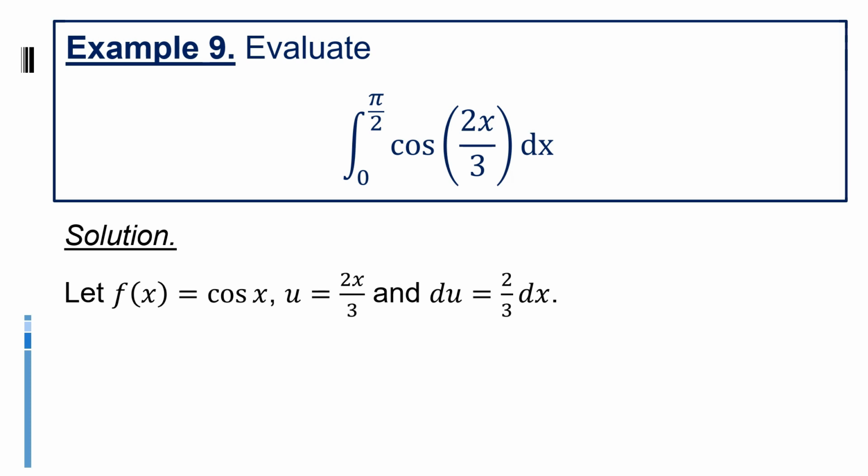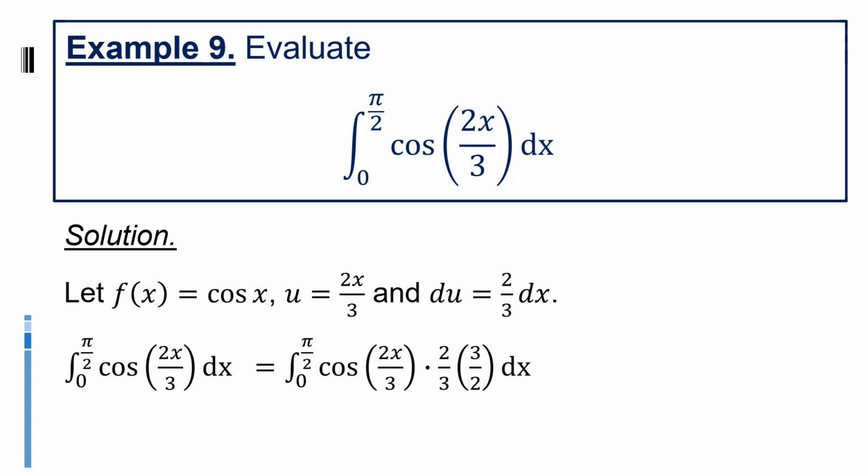So we let f be cosine x, our u is 2x over 3, and our du is 2/3 of dx. So we now have the integral from 0 to pi over 2 of cosine 2x over 3 dx is equal to the integral from 0 to pi over 2 of cosine 2x over 3 times 2/3 times 3 halves dx.